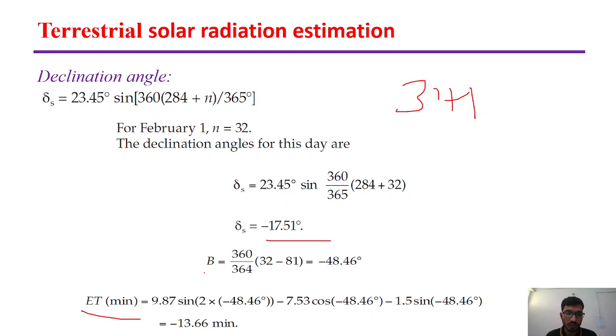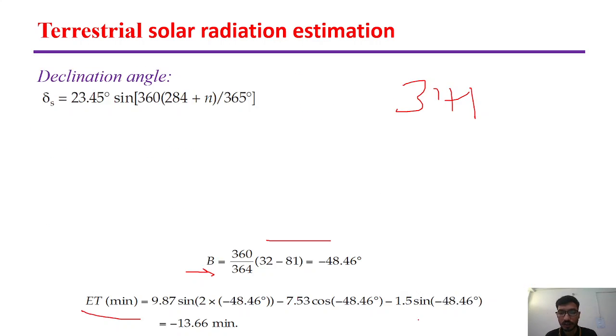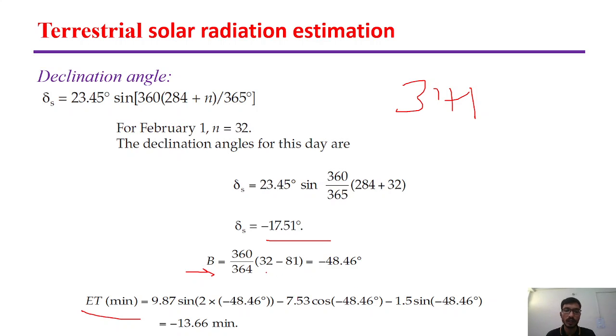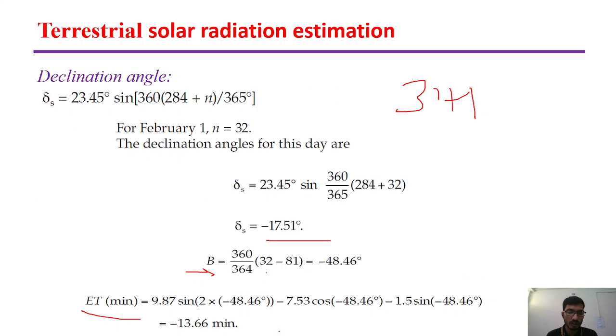For the equation of time, we have to calculate the value for B. B is 360 times (n minus 81) upon 364. N is again the number of days, so it will be 32. Once we know B, we can calculate the value for ET. ET, the equation of time, is 9.87 sine 2B minus 7.53 cos B minus 1.5 sine B. So the correlation is already available for all these equations.